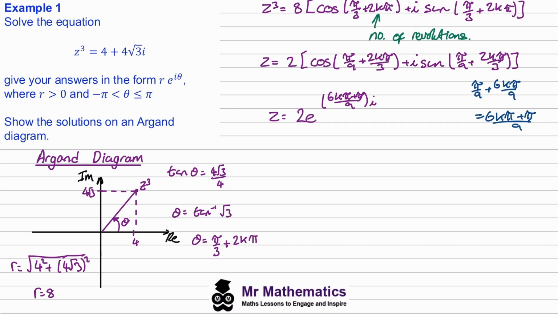At this point, we need to think about different values of k. When k is 0, we start on the real axis and we go straight to z cubed. So when k equals 0, our solution will be z is equal to 2e. This term will become 0, so we'll just get pi over 9 i.